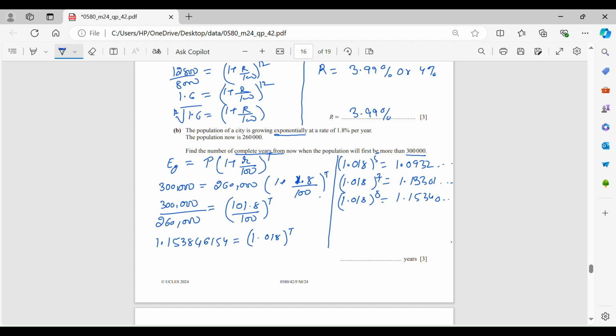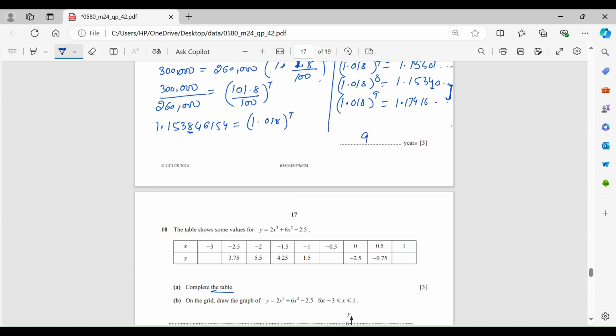Now 8 is near to our value, but it is below. So let's try 9 also. It is above 8 years, so 9 years will be 1.17416 something like that. So our time will be between these, right? We have to find the number of complete years, so we will go for 9 years. Our answer is 9 years, right?